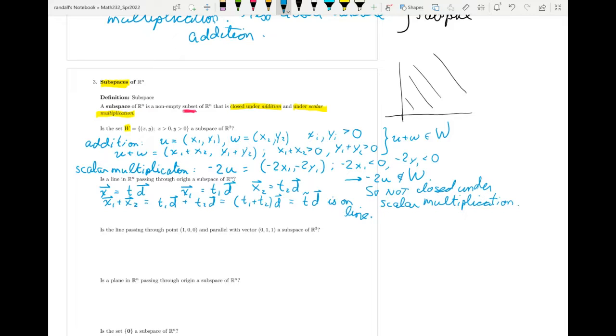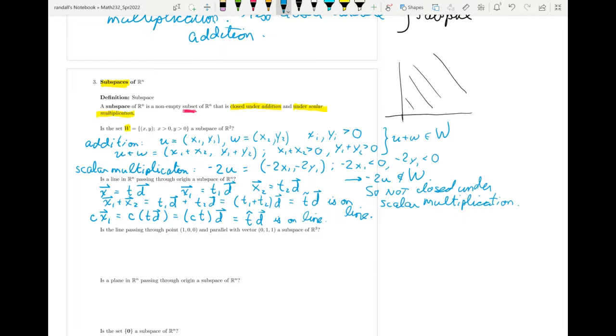So it's closed under vector addition, and then for scalar multiplication, c times x1 will be c times t times d, and I'll group using distribution again, c times t multiplying d, which I'll call t hat, times d, is on the line.